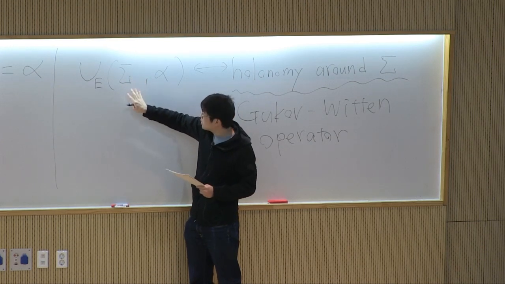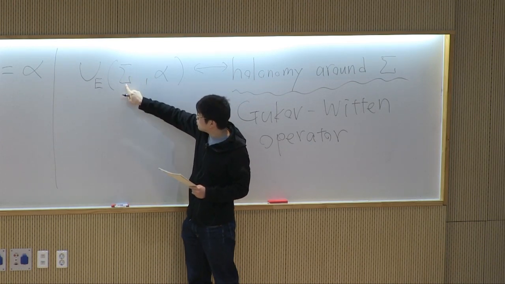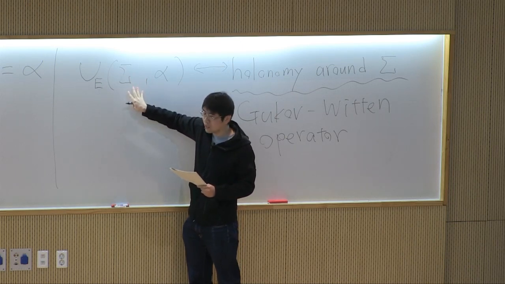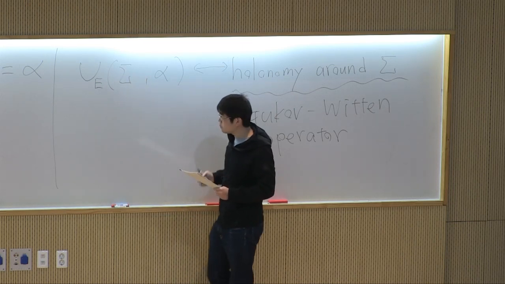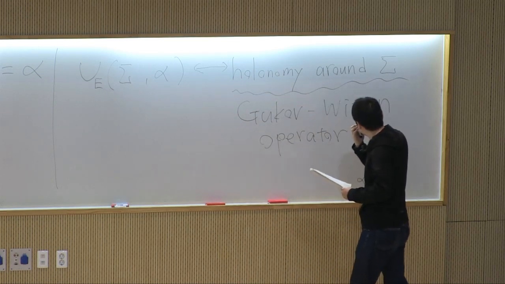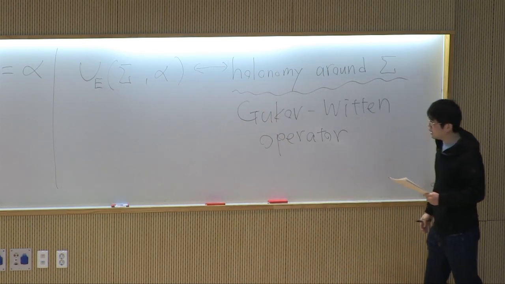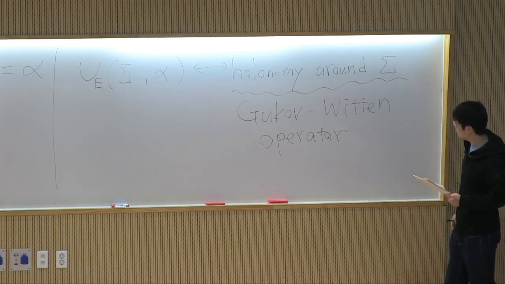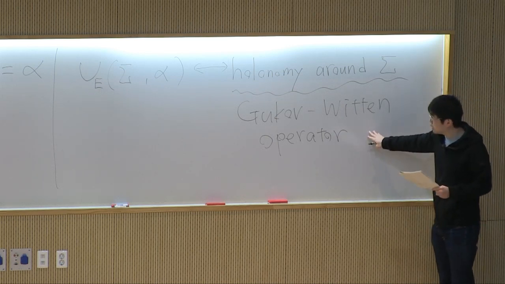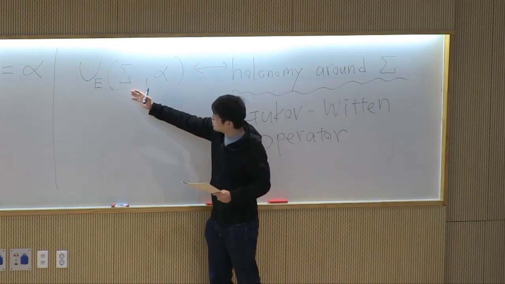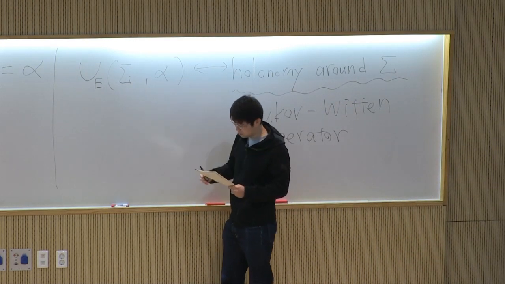And if this operator is invariant under this continuous deformation of this surface, then that means that this operator defines some symmetry. So electric one-form symmetry operator is a special case of Gukov-Witten operator in which this operator is kind of topological.